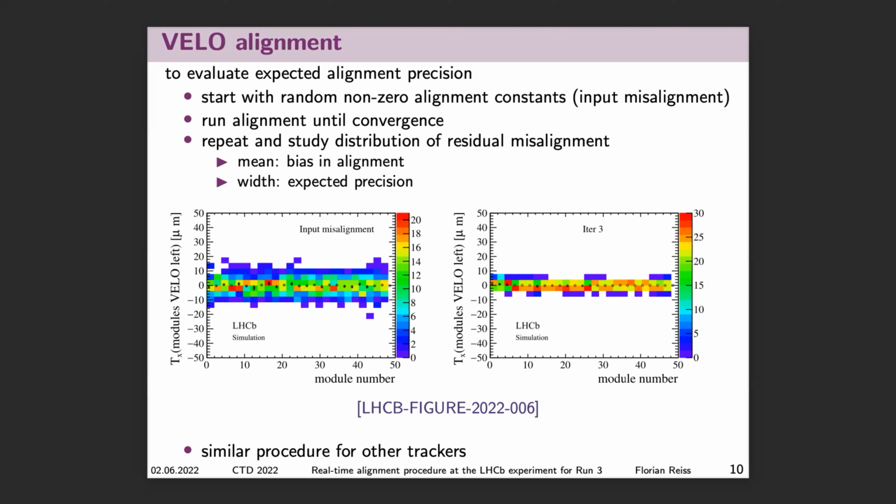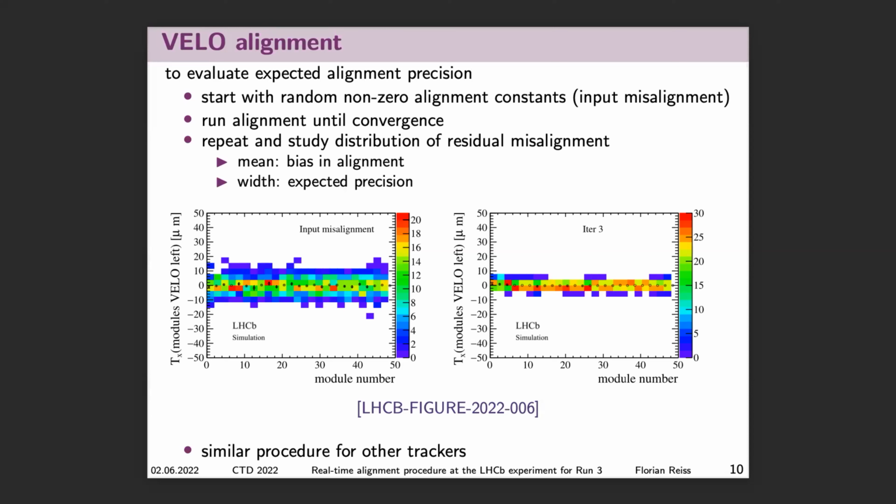And then for each of those samples, we run the alignment until convergence and repeat that for each toy. And we study the distribution of the residual misalignment, where a mean in this distribution would indicate that our procedure is biased in some way, and the width gives us the precision.